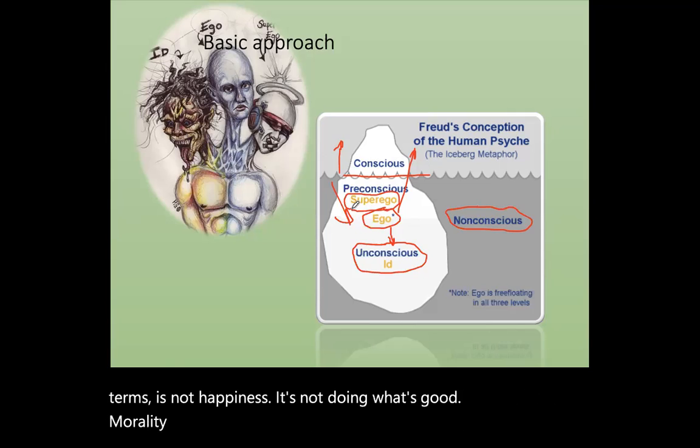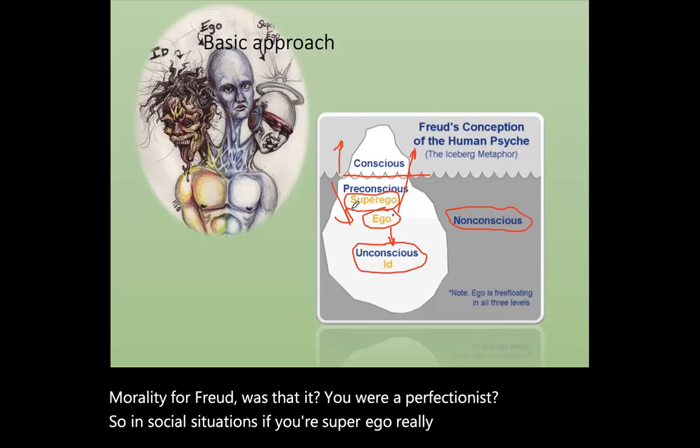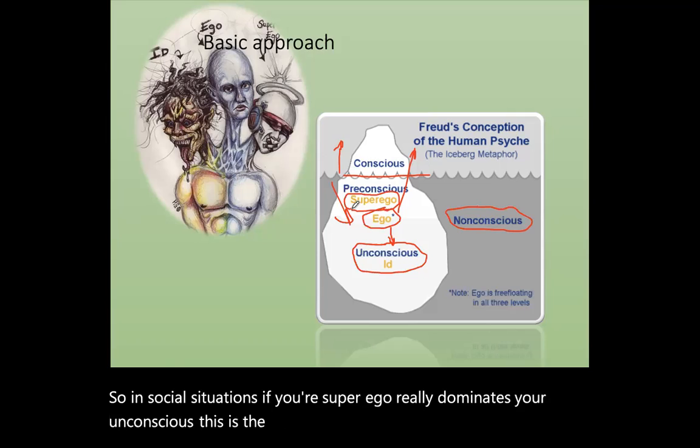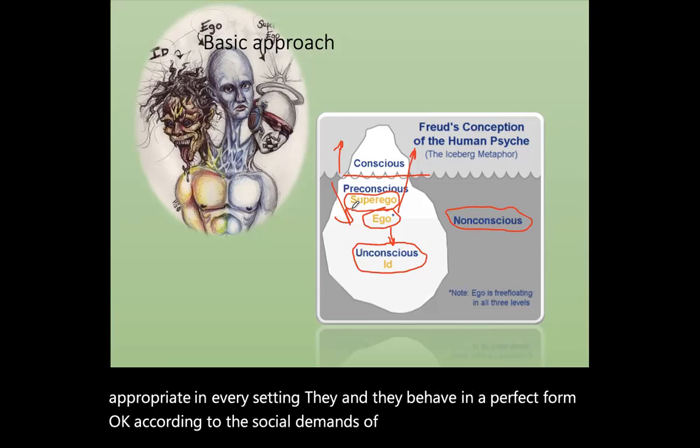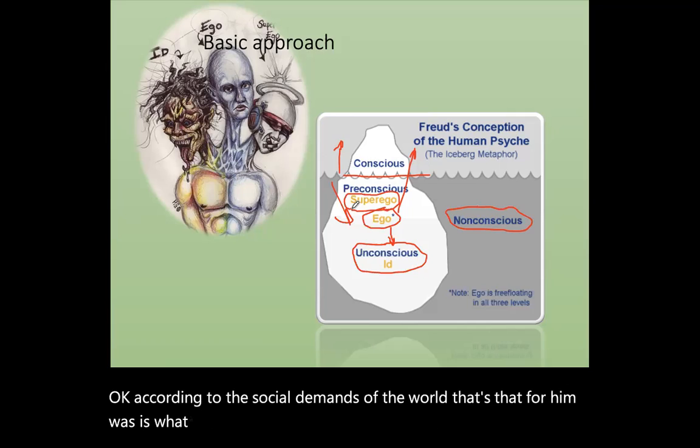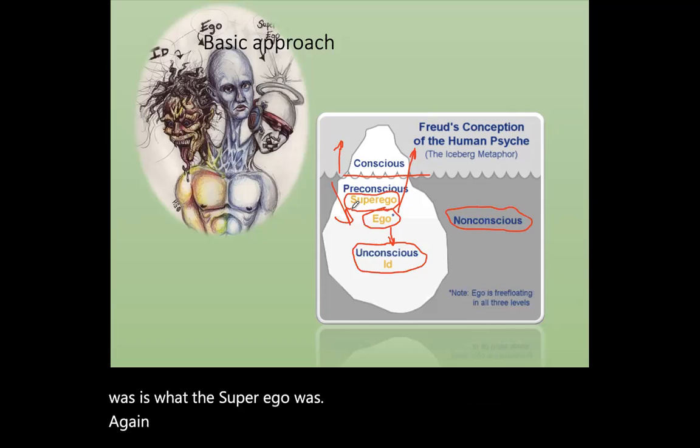Morality for Freud was that you were a perfectionist. So in social situations, if your superego really dominates your unconscious, this is the person who has everything perfect. They act appropriately in every setting. They behave in a perfect form, okay, according to the social demands of the world. That for him is what the superego was. Again, this got softened up over the years, but this is kind of the pure model of Freudian theory.